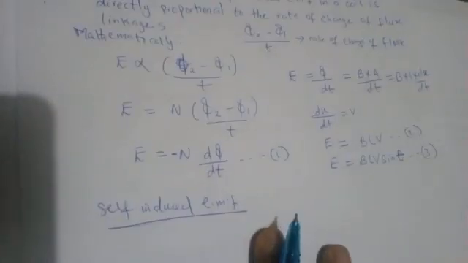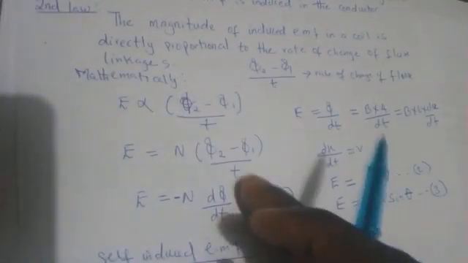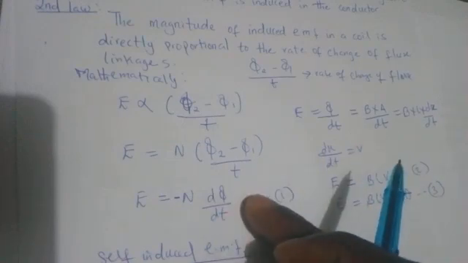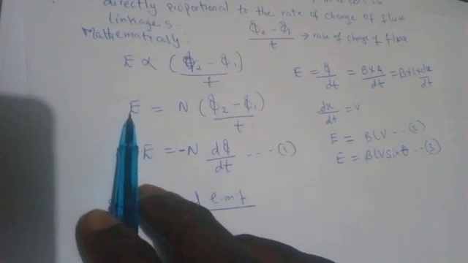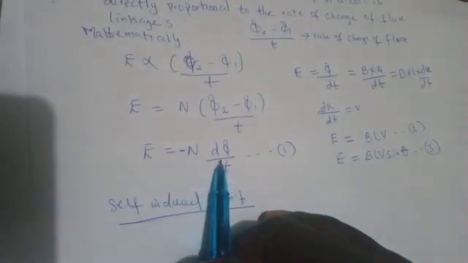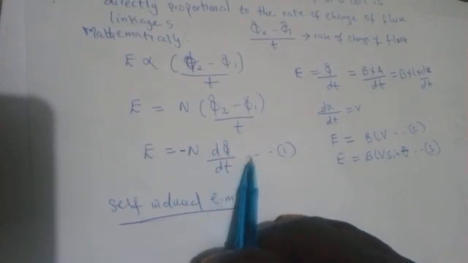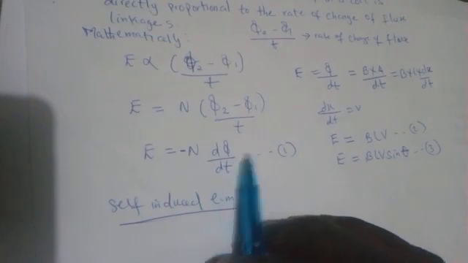Now, recall again that this is dependent on the rate of change of current. That is, the EMF induced is dependent on this rate of change of flux, and the rate of change of flux also is dependent on the rate of change of current.